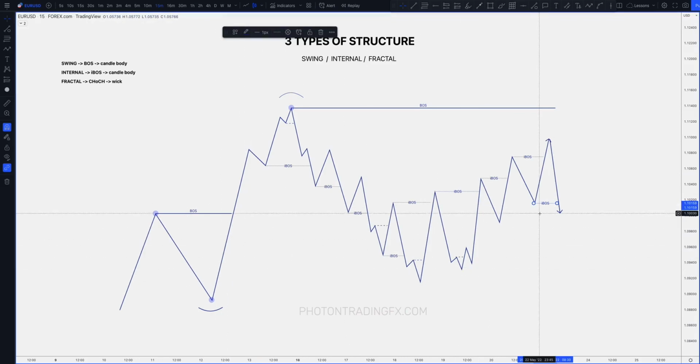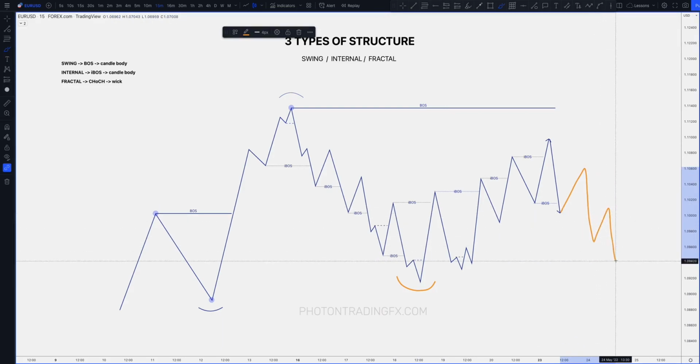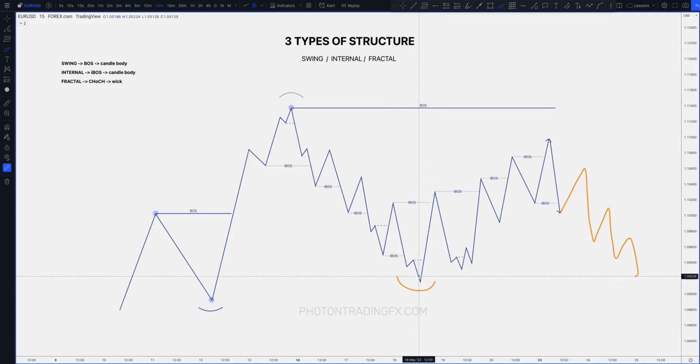It's against the swing structure. And now what we can expect is that this low here, this swing low that tried to form, is likely weak. And we can expect that this bearish internal trend will continue until it takes out this swing low. Or sorry, it's not a swing low yet, but this larger internal low. Hopefully that makes sense.